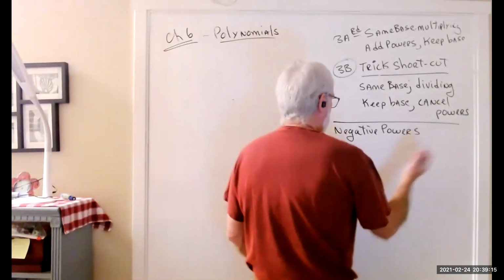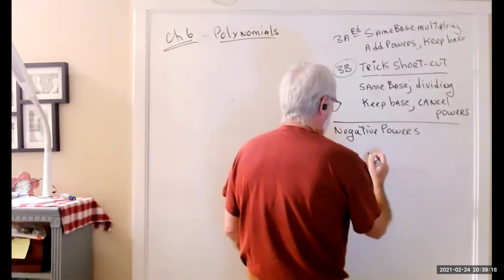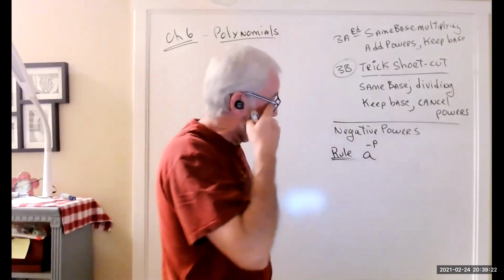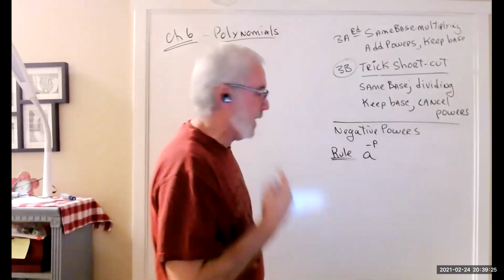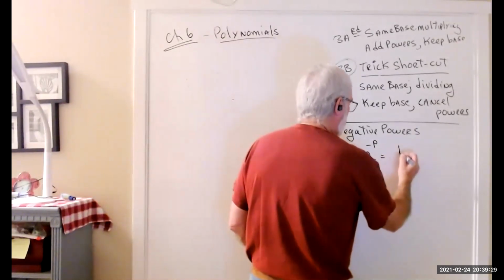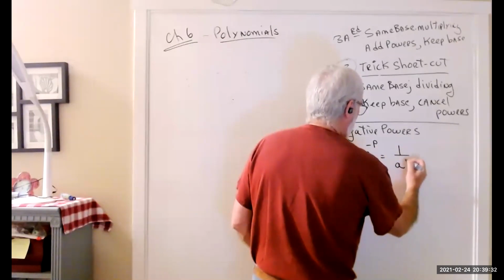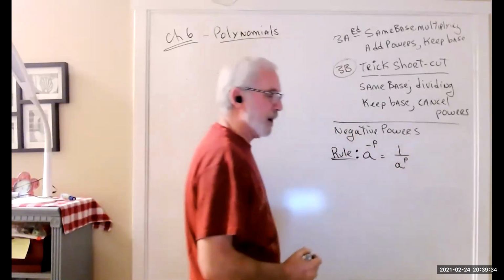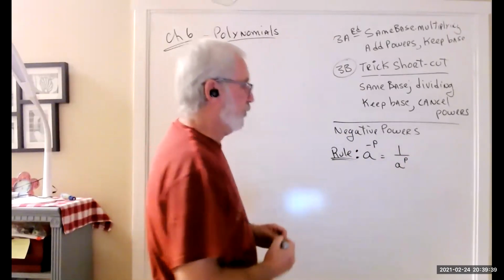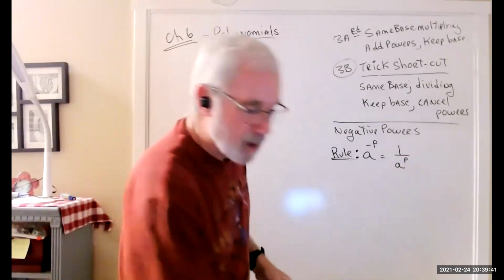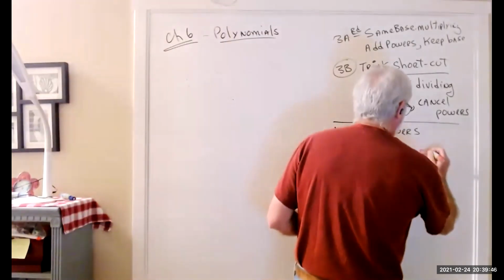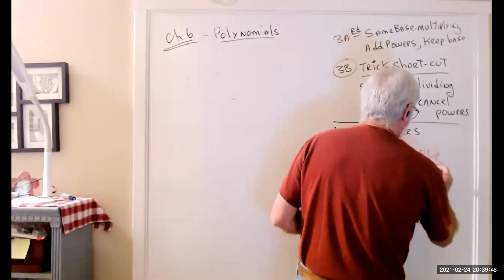Here's our rule. If we get, let's say, a raised to a negative power, then this becomes 1 over a raised to the positive power. So in my mind, a negative power means flip, reciprocal.